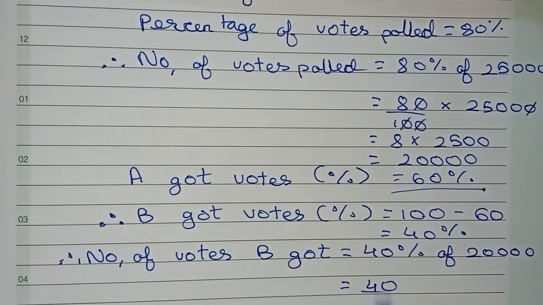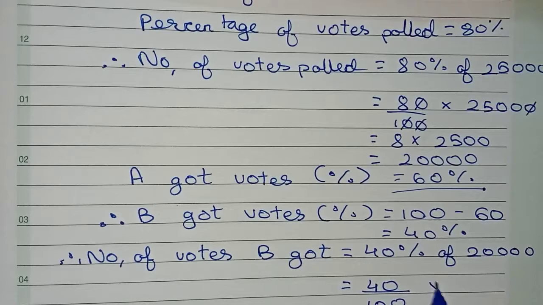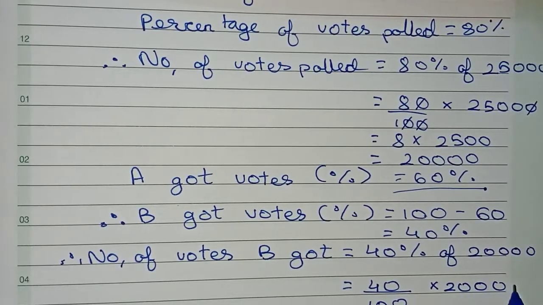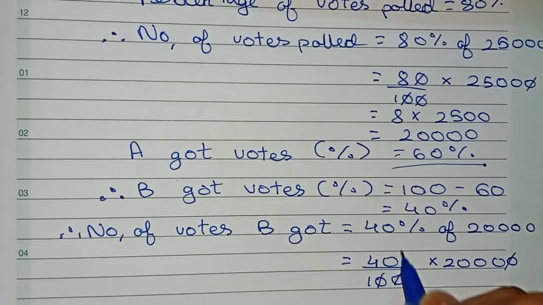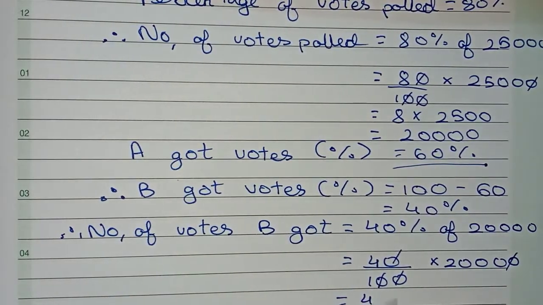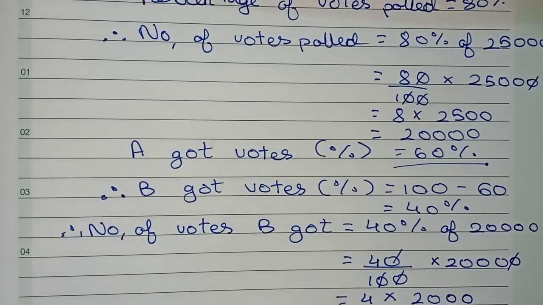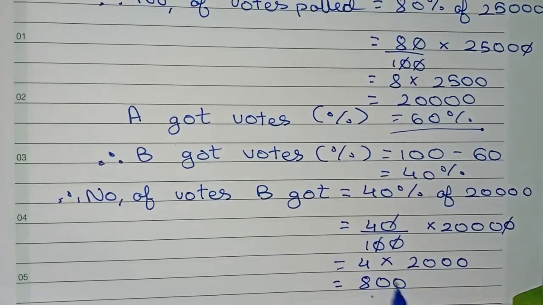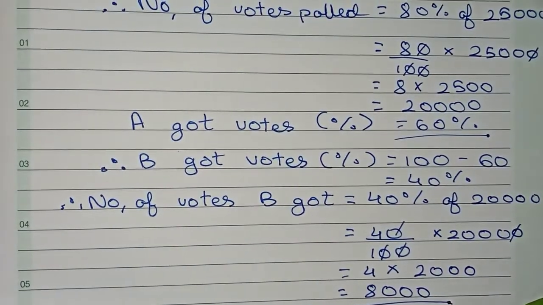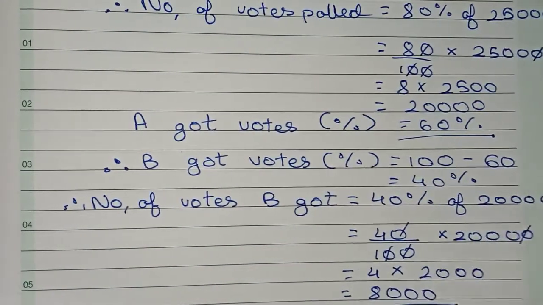It becomes 40 by 100 into 20,000. First you cut the zeros, so it remains 4 into 2000, which is equal to 8,000. Therefore B got 8,000 votes. This will be the final answer for this question.